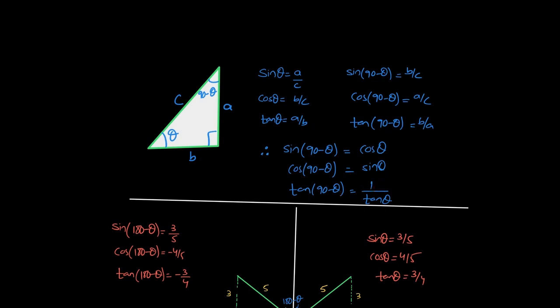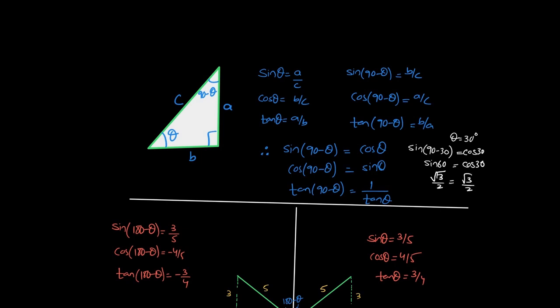This would be making more sense if you can take some values. So for example, theta is 30 degree. So sine 90 minus 30 is equal to cos 30. Sine 90 minus 30 is sine 60 equals cos 30. So sine 60 is root 3 over 2 and cos 30 is also root 3 over 2.